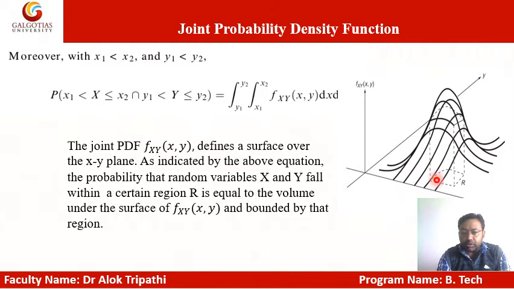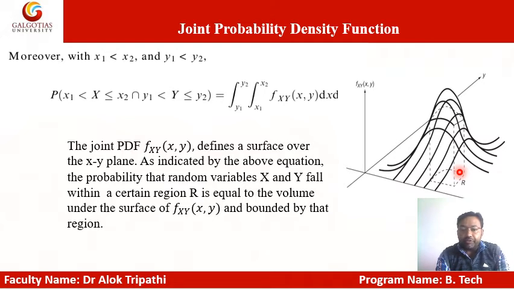If we draw this line and it cuts the y-axis, then the point y1 will be here, and for y2, if we draw this line till the y-axis, where it cuts the y-axis, that point becomes y2. So y is lying between y1 to y2, x is lying between x1 to x2. If we draw this region, we will get the region R.